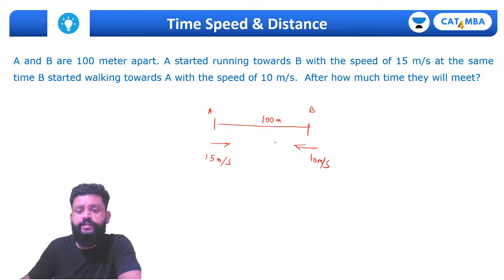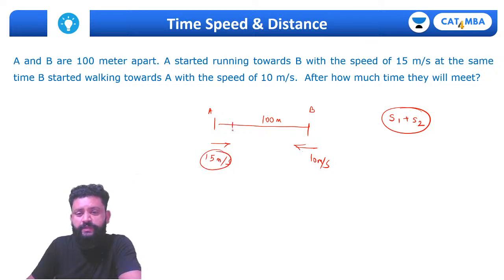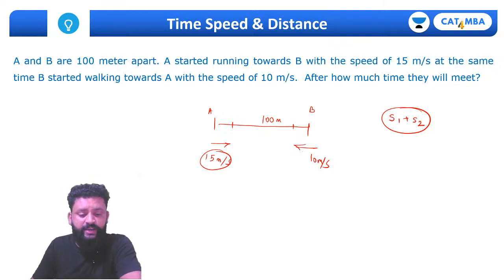You can say relative speed in the opposite direction, that is towards each other, so relative speed will be s1 plus s2. So A will travel 15 meters in one second, B will travel 10 meters, so in 1 second they'll complete 25 meters.